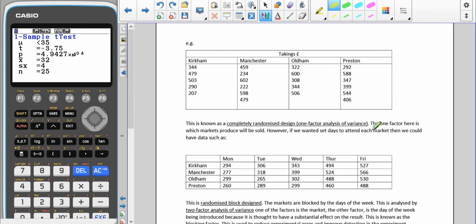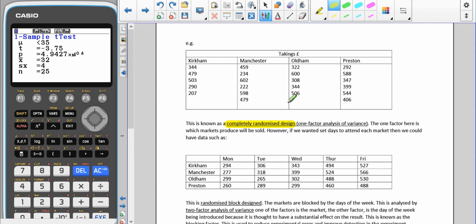And there's a way that she could set this up. This is just an example, there's loads of different ways that she could set this up. As you can see here, she could do it 5 days from Kirkham, 6 days in Manchester, 5 from Oldham, 6 from Preston. That's the 22 days where she's selling the produce from different places. And this is what we call a completely randomized design.